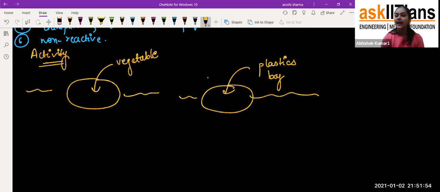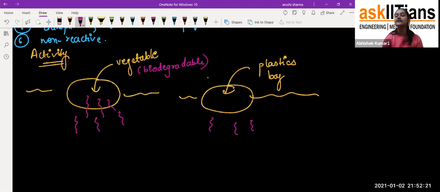What happens, students, after some time is that the microorganisms present in the soil pass into this pit and break down, that is decompose, these vegetable peels, because vegetable peels are biodegradable in nature. That means these vegetable peels are eaten up by the microorganisms.